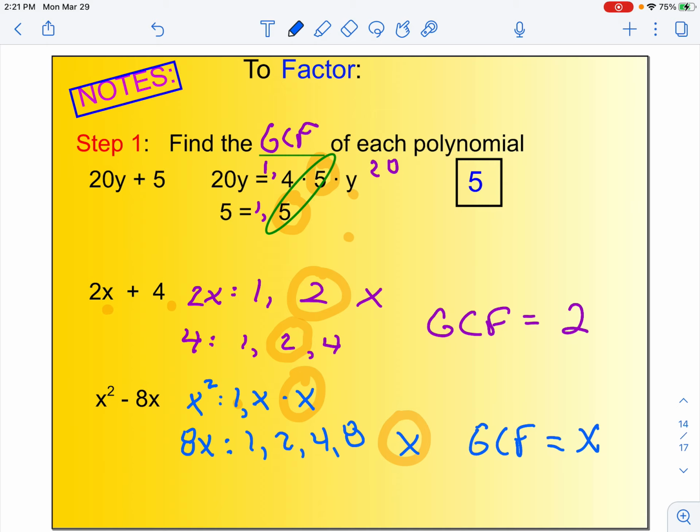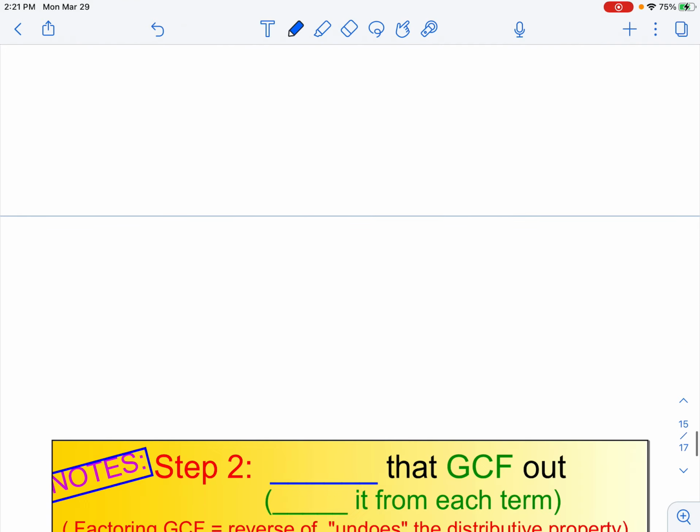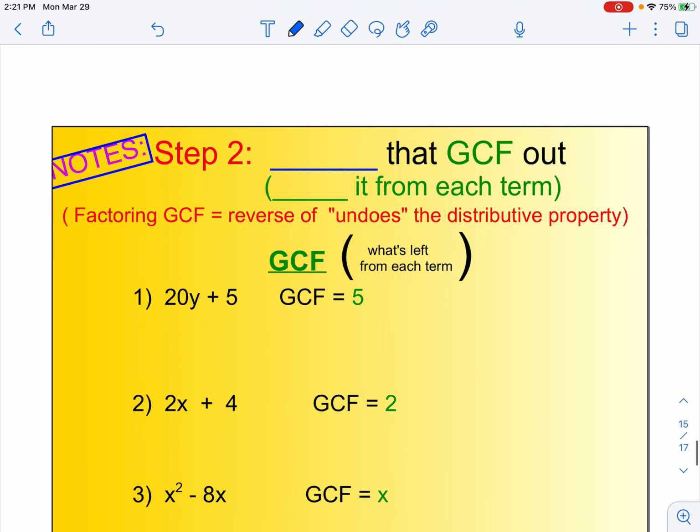Now, that's step 1 of factoring, okay? What we're doing is we're going to take each of these expressions and divide it by the greatest common factor. So here's our second step. Step 2 is we're going to do what's called factor that GCF out, which means we divide it from each term.